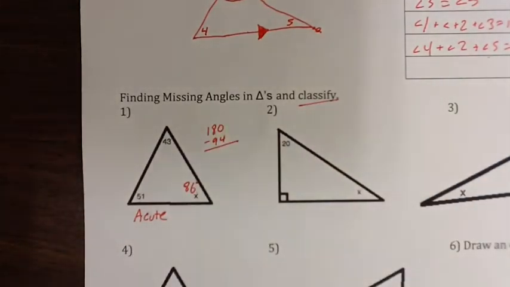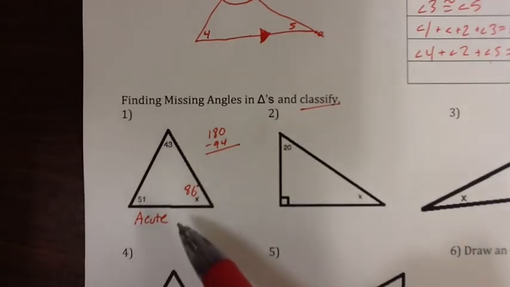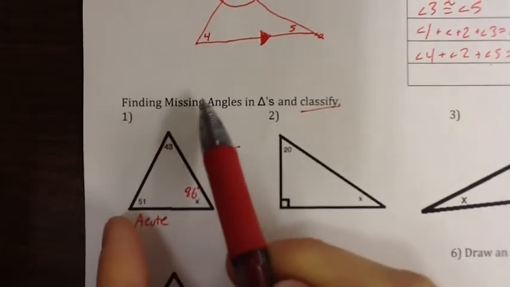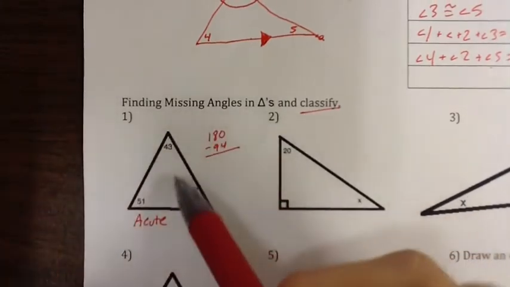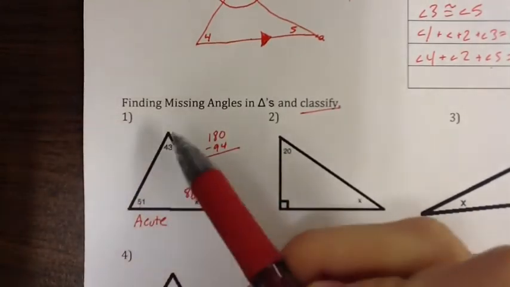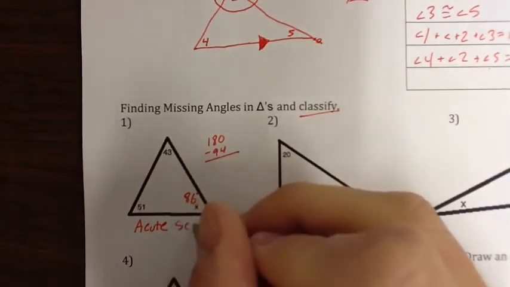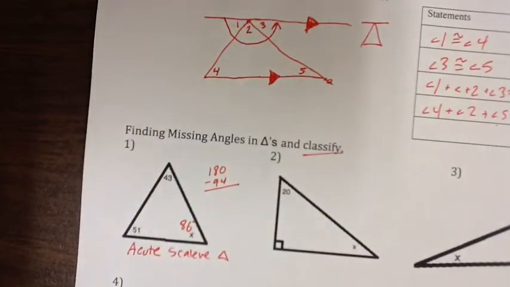I know it doesn't quite look like that, but keep in mind, a lot of these I drew in Paint, and so they're not exactly drawn to scale. But if you think about this angle of 86 degrees, it's going to be opened up wider than this angle of 43 degrees. And so if it's opened up wider, that means this side is going to be a little bigger. So if all the angles are different, all the sides are also different. So this is an acute scalene triangle.